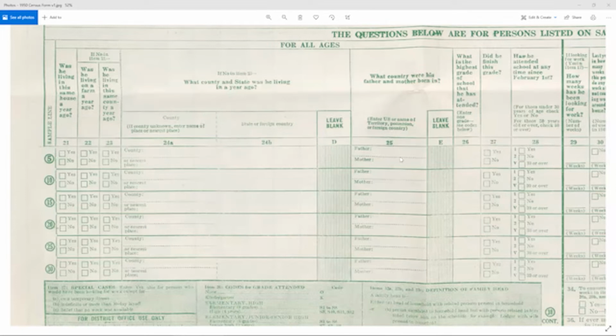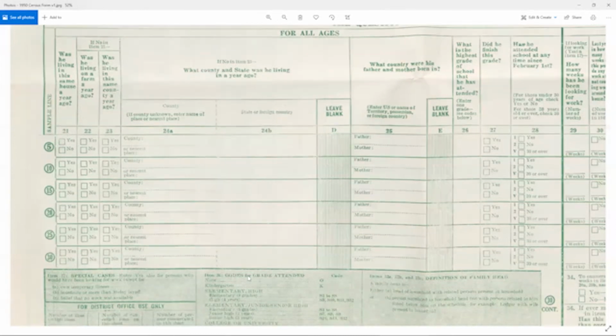All right, and then we have what country were his father and mother born. Again, if it's foreign born, they're to use the present day boundaries. And then we have what is the highest grade of school that has been attended, not completed, attended. And then there's codes below.